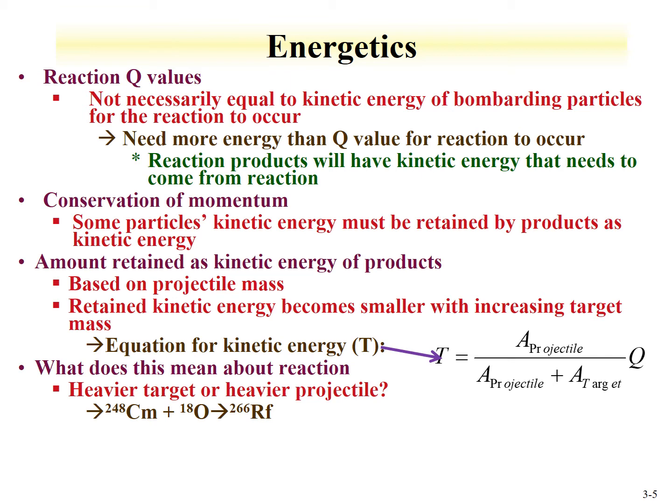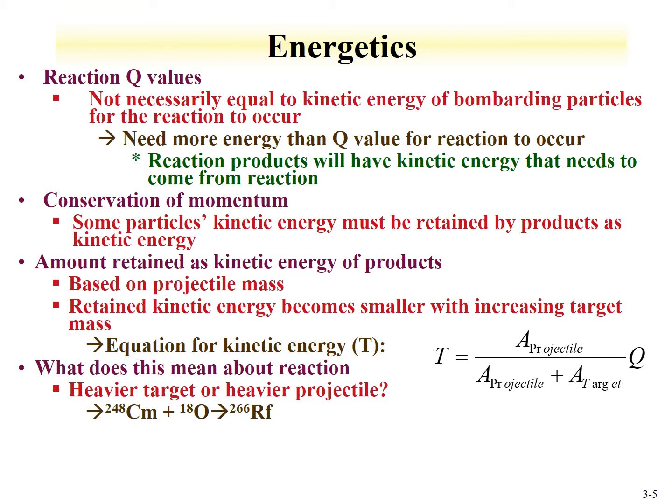Now let's think about what this means for a reaction where I'm making a compound nucleus. Let's make this a relatively straightforward reaction: curium plus oxygen 18 going to rutherfordium 266. What does this mean if I either accelerate oxygen into a curium target or curium into an oxygen target?